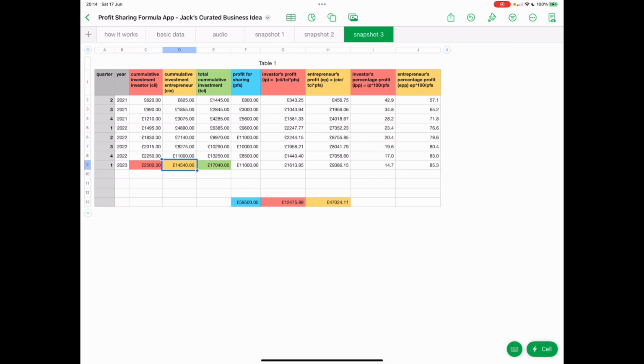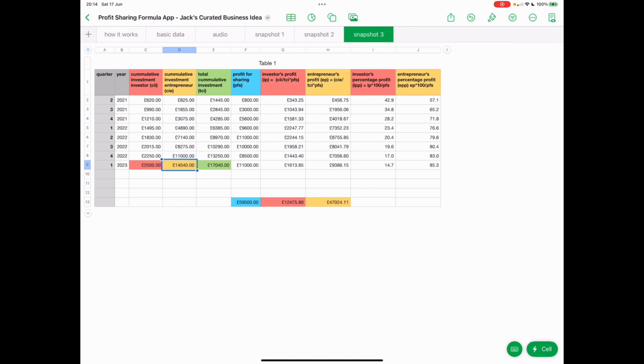Now, if, for example, you had to share, maybe you made a profit of about 20 or 25,000, but you decide to share only 11,000, then the profit to be shared at the end of 2023 was 11,000, and you both decided you only wanted to share 11,000.